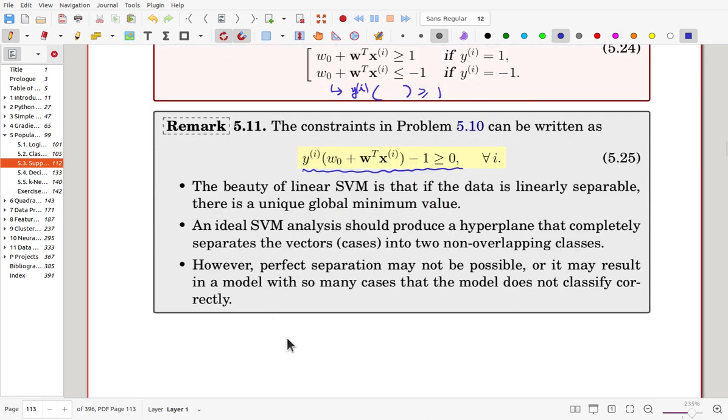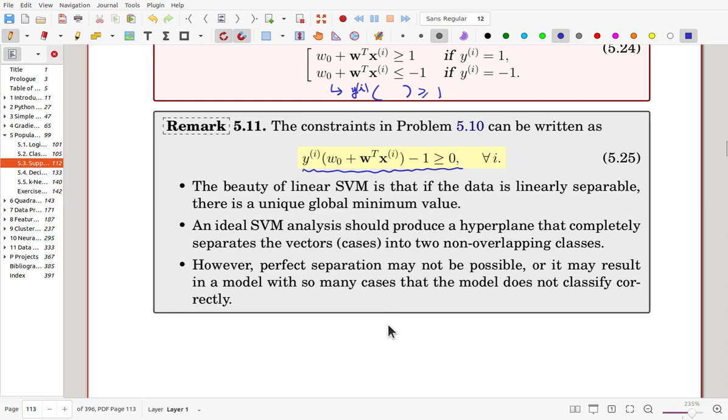Now, the linear SVM works quite well for linearly separable data sets. However, once the data is not separable, the method may not classify correctly, so it can have a large error for inseparable data sets.